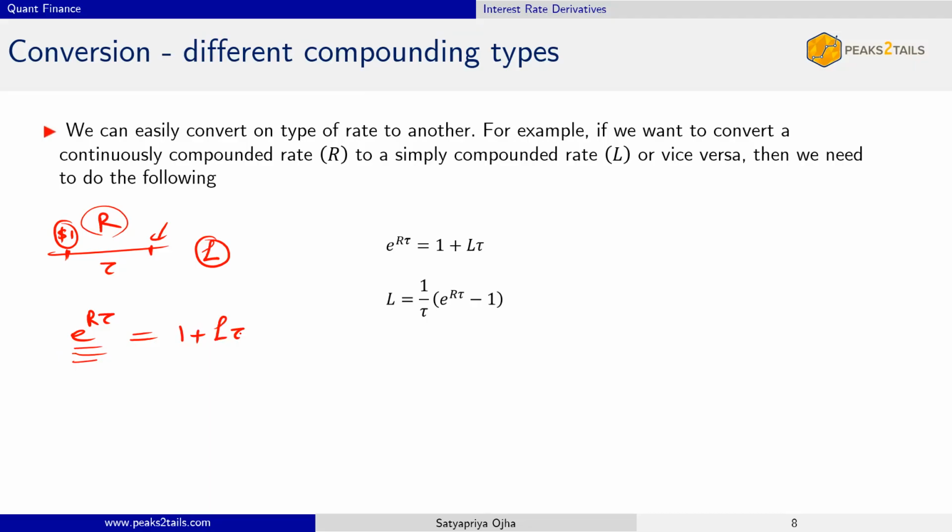These two must be identical. And you can go back and forth. If you are given R, you can find L. If you are given L, you can find R. e to the power R tau equals 1 plus L tau. If you want to calculate L, it is just e to the power R tau minus 1, divided by tau. You can go back and forth. Different ways of quoting the same kind of growth.